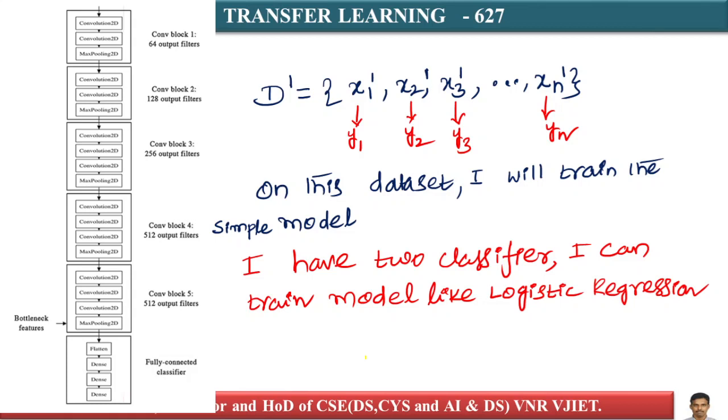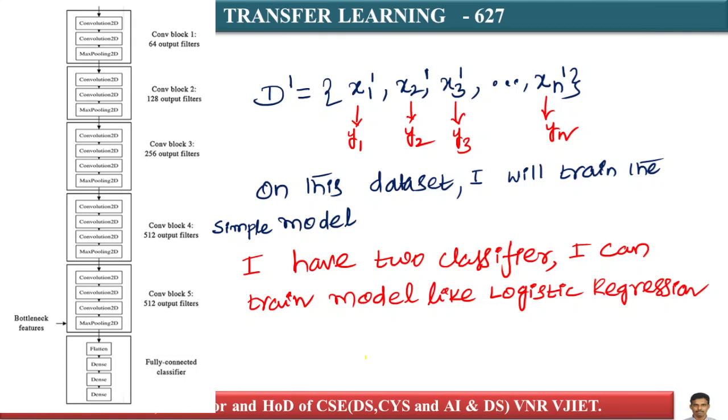Why? Because you have x1 dash, x2 dash, so on, xn dash, and correspondingly y1, y2, so on, yn. As I have two classes, I can train a model like logistic regression.